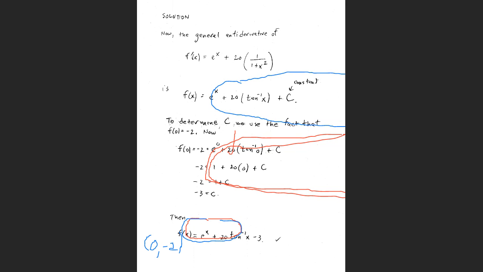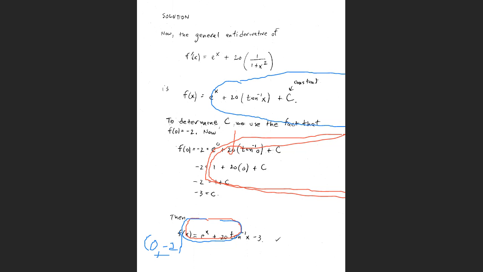When you do that, you can uniquely find a value for the constant. In other words, there's only one antiderivative function that's going to pass through the point (0, -2).